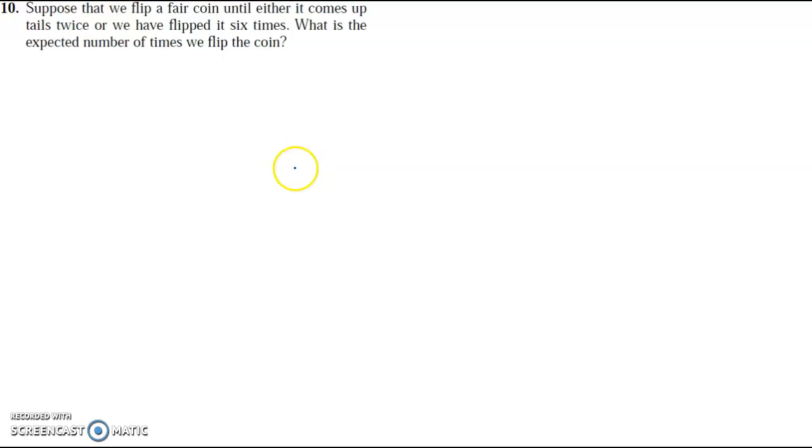Alright, so maybe we can start by keeping in mind the general case. This would mean that (n minus 1) over 2 to the power of n would be the probability, because we're saving the last flip to be the tail.